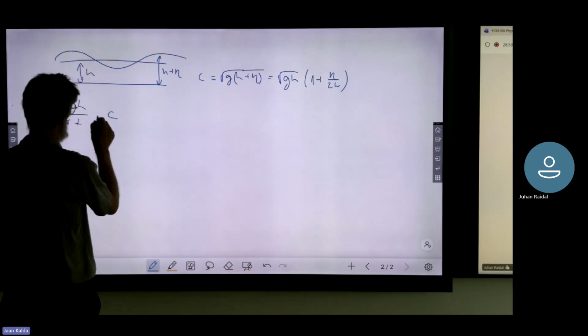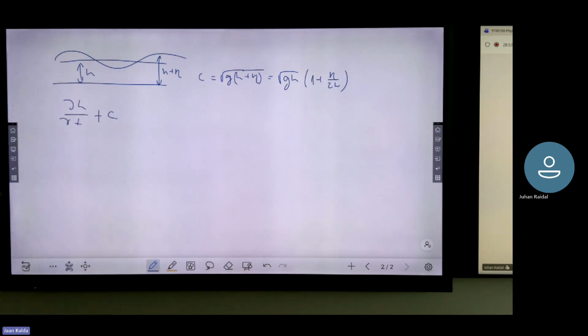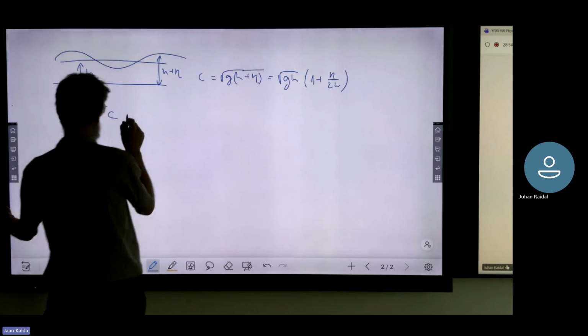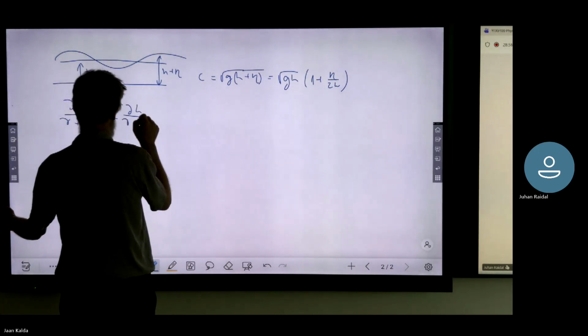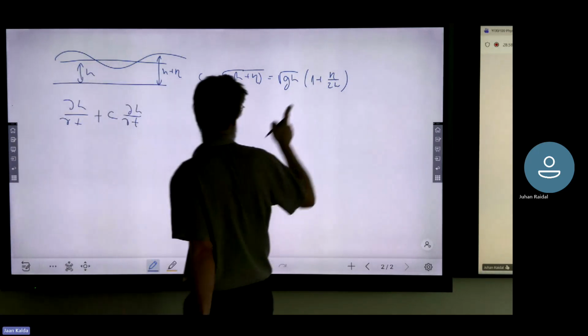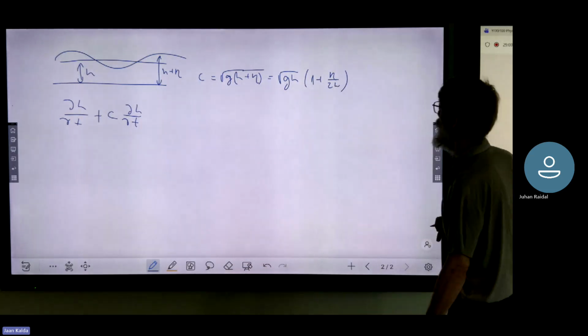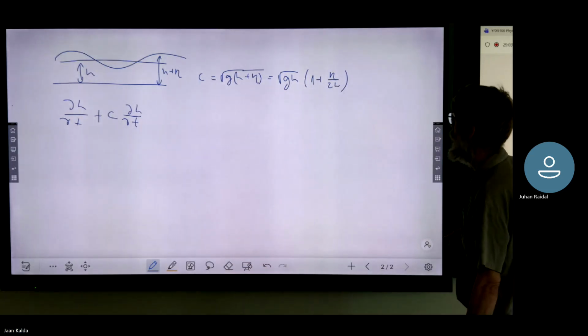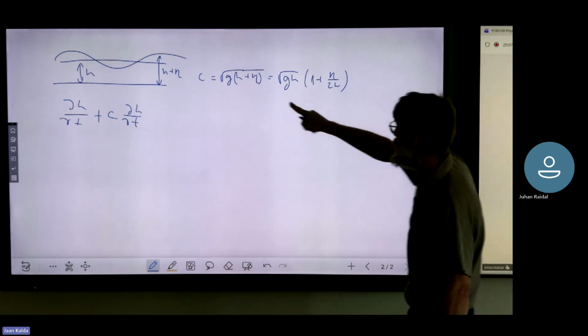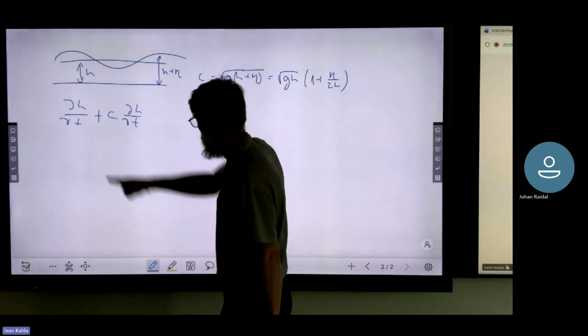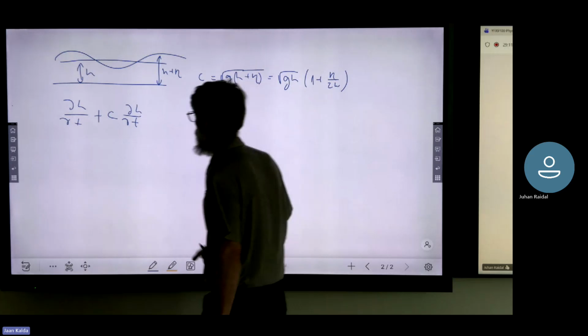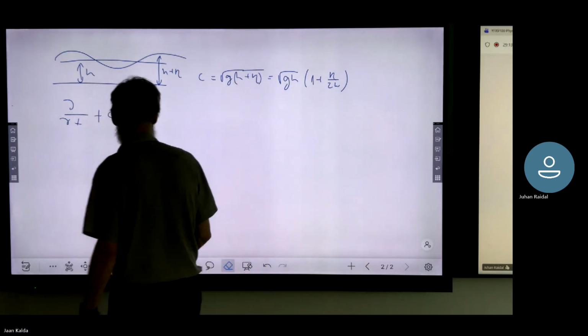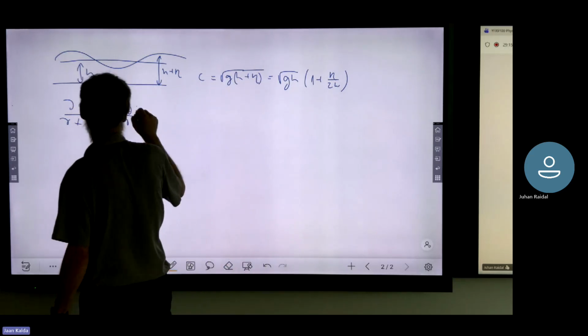There is not that big a difference, but let us keep it the same as it was. c dh over dx. Right, sorry, it was not for h but for eta. h is depth, but eta is the height. Let me fix this.